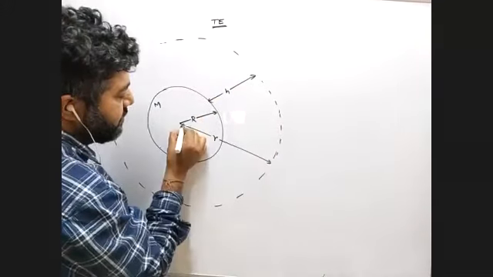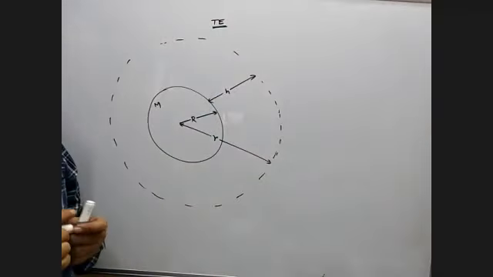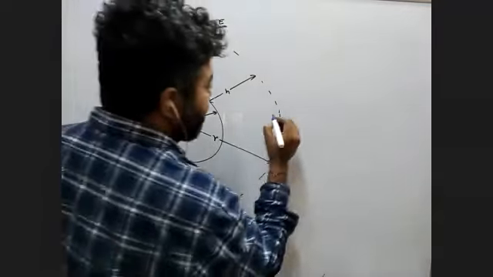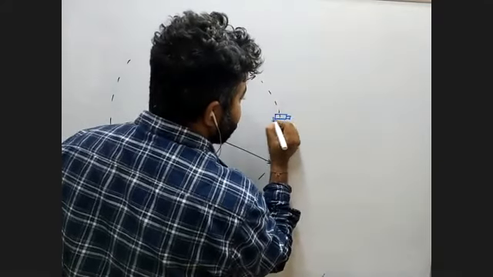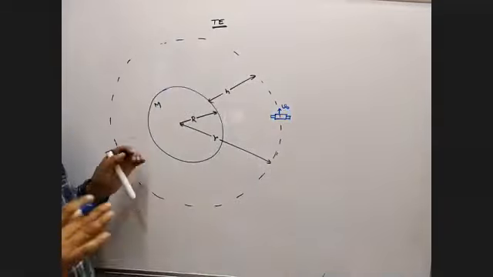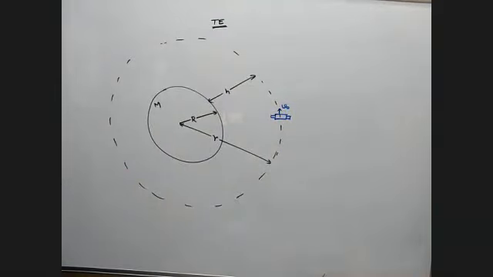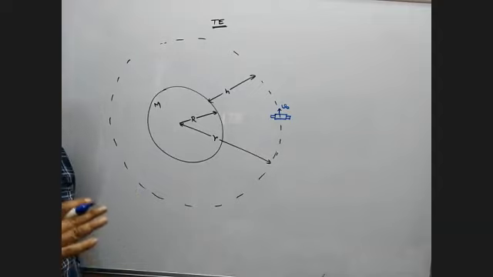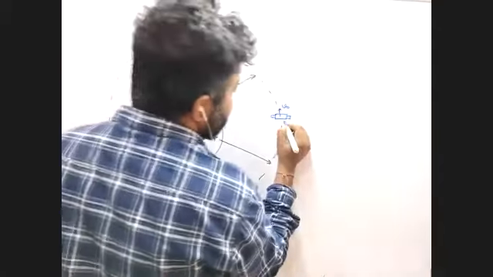Is it clear? R is the radius. If any satellite is moving with some orbital velocity, what is the kinetic energy, what is the potential energy, and what is the total energy? Let m be the mass of the satellite.